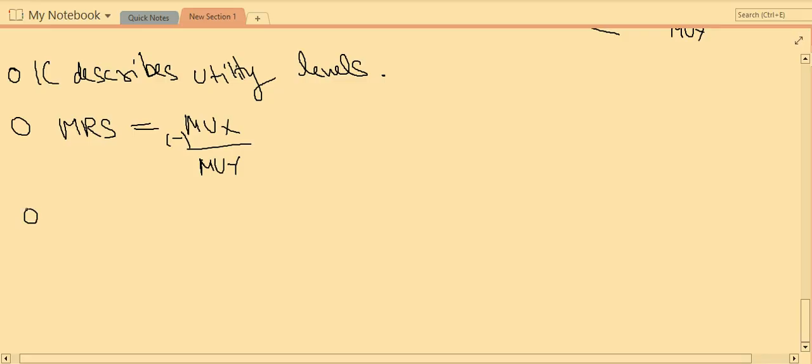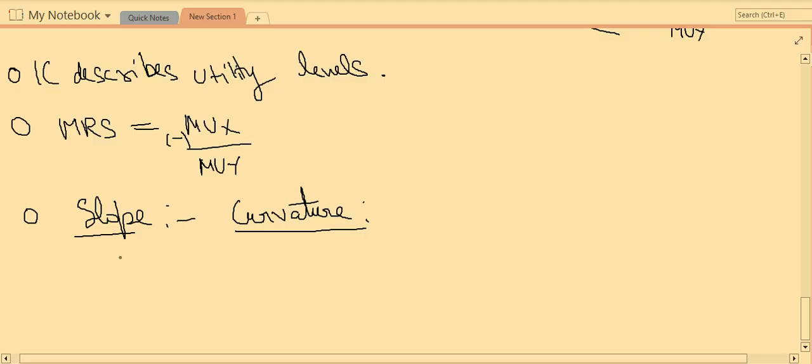Now, we see that the slope of IC and the curvature of IC are two very, very important things to understand anything about consumer theory.